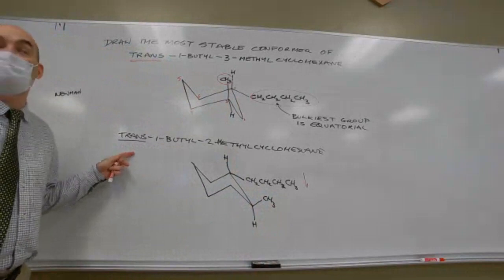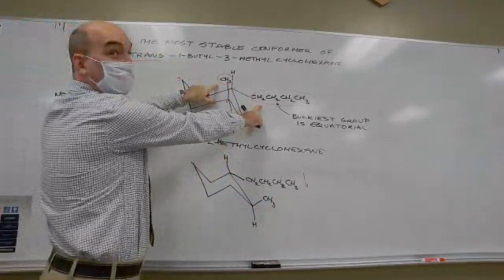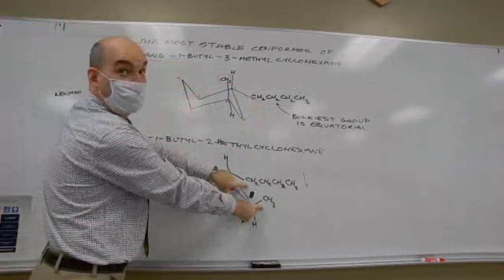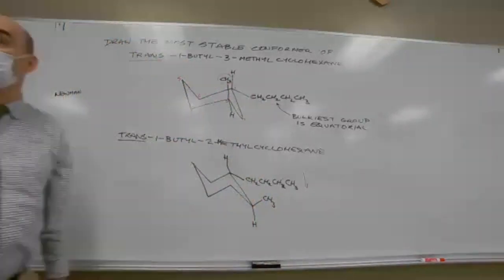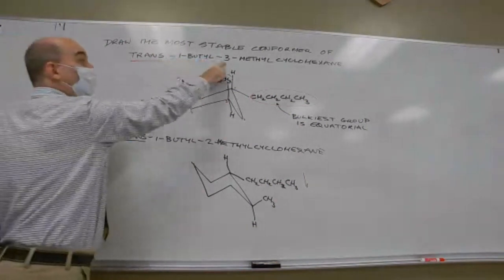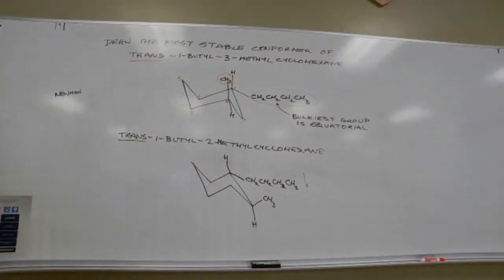So the trans isomer, when it's 1, 3, is axial and equatorial, but when it's 1, 2, they both get to be equatorial. So when Marcella asked earlier on, is trans better than cis? Is cis better than trans? It depends on what the gap between the positions is.